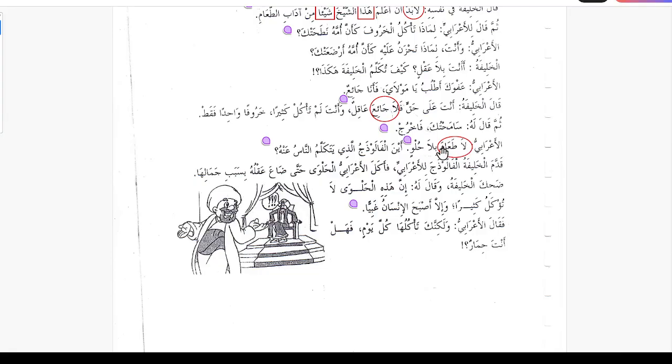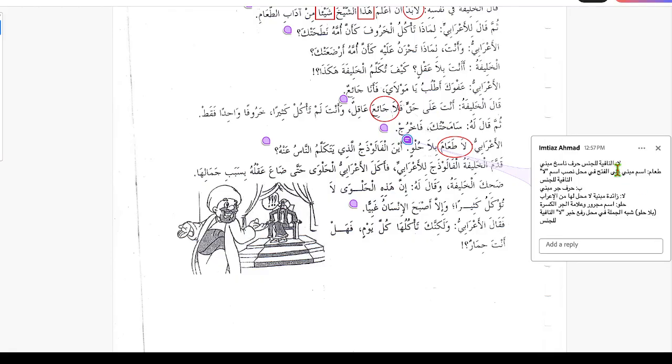So again, la ta'ama, this is la nafiya lil jins. So la is nafiya lil jins, harfu nasikh mabni, and ta'ama is ismu la nafiya lil jins, mabniyun ala al-fathi fi mahalli nasbin. And ba is harfu jarrin mabni, and la is, in Arabic we call it zaida mabni la mahalli laha min al-i'rab, it has no place in i'rab.